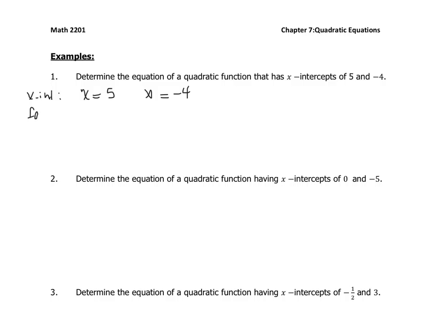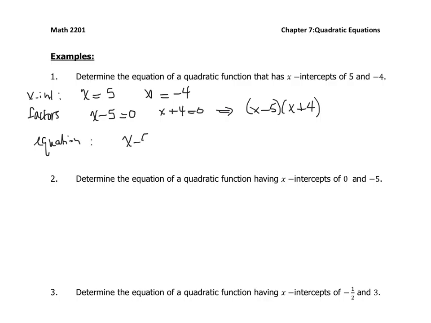So the factors would be x minus 5 equals 0, and if I bring that -4 over, x plus 4 equals 0. That would mean your factors would be x minus 5 and x plus 4. So your equation that has those two x-intercepts would be x minus 5 times x plus 4 equal to 0.